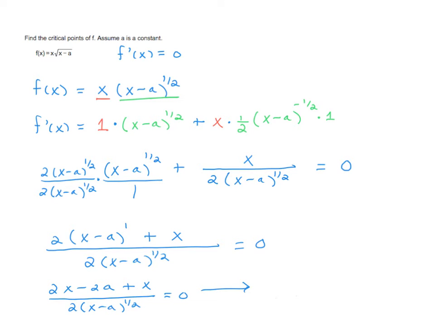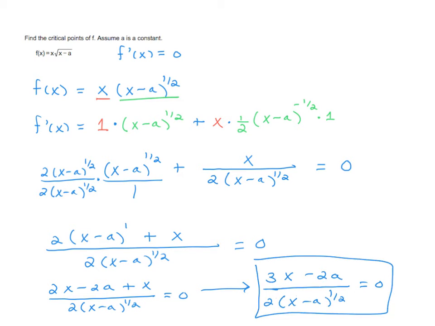And I can simplify the numerator a little bit. We have 2x plus x is 3x, and then we have this minus 2a, which doesn't combine with anything. So that's 3x minus 2a all over 2 times x minus a to the positive 1/2 is equal to 0.